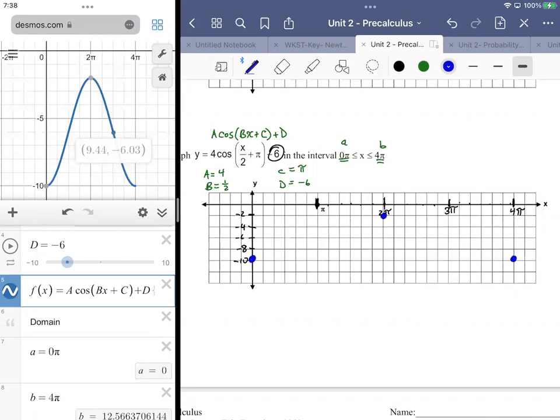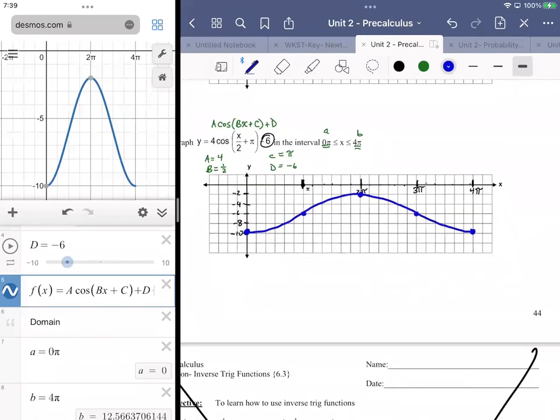At -6 on this side, hard to see by the decimal, but that looks like it's directly between 2 pi and 4 pi. So that would put it at 3 pi. So -6 should be at pi and 3 pi. So now, even though it's going to look a little wider than it does in Desmos, it's still going to be a correct graph, just the scaling is a little bit different. But that's what your trig function would look like.